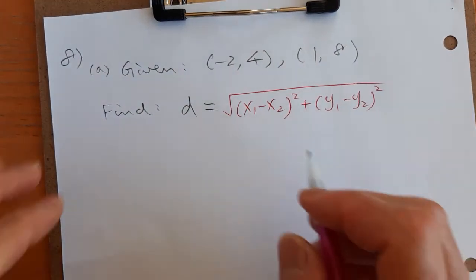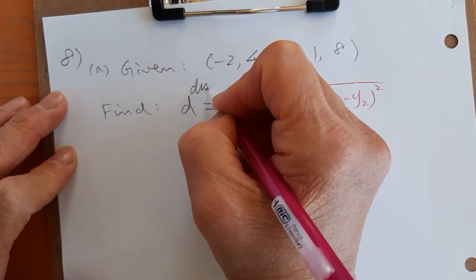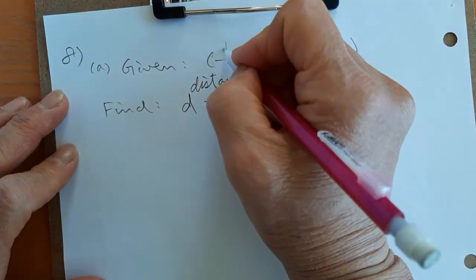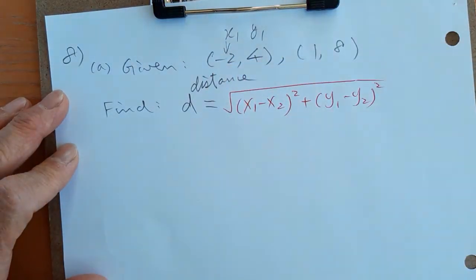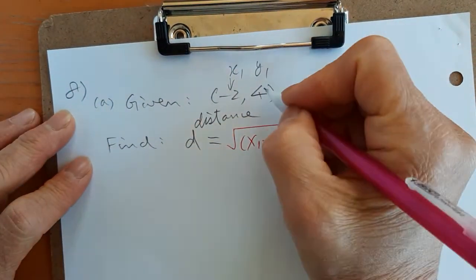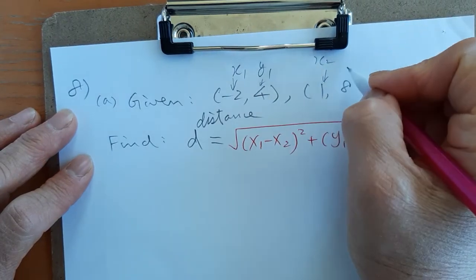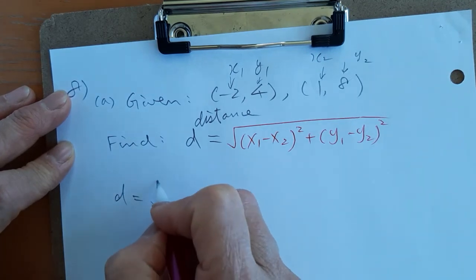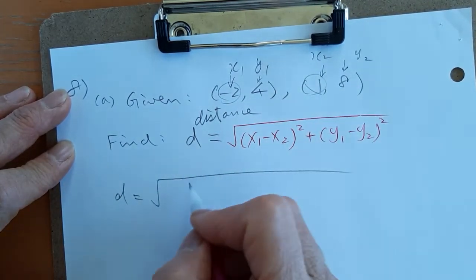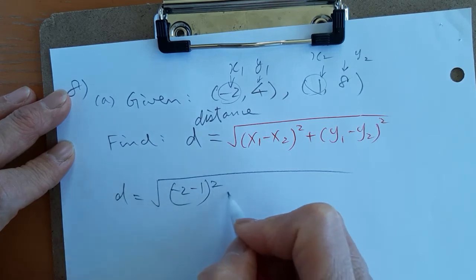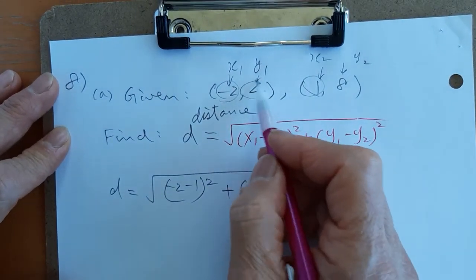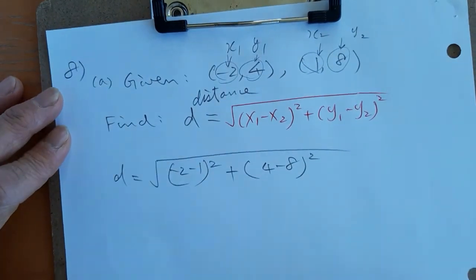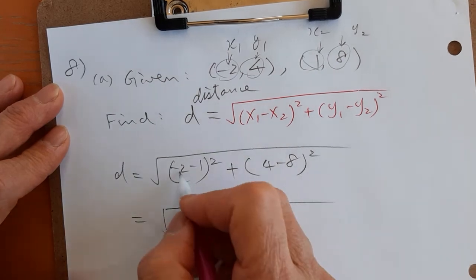This is the distance formula. So you can assume this is x1 and y1, plug it in, and this is x2 and y2, and you plug it into the formula. So it's the difference of x coordinates, negative 2 minus 1, squared, plus the difference of y coordinates, 4 minus 8, squared.